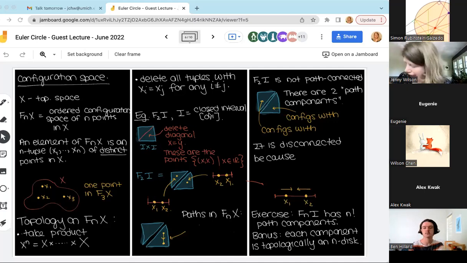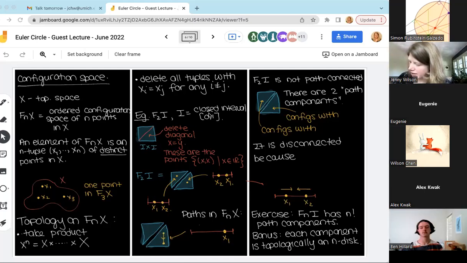And again, I can view paths. I can interpret a path in my configuration space as a family of configurations. So in this path, the x coordinate is fixed. The x coordinate is not changing as I move along this path from here to here. And so that means throughout this family, the point x1 is standing still.